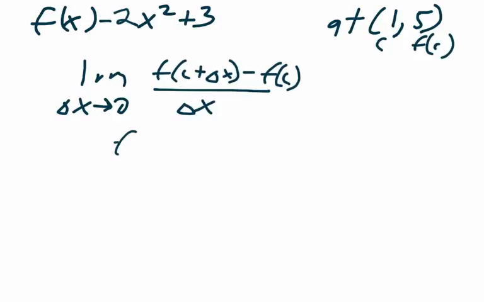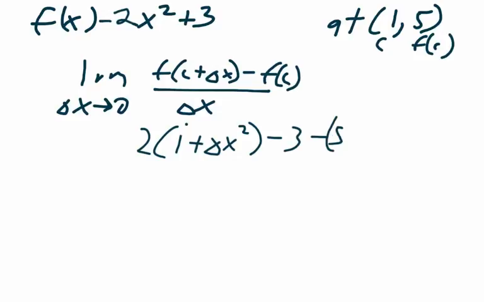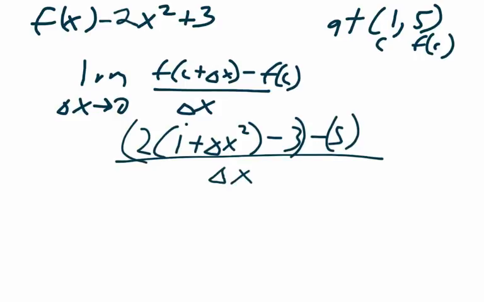So when I plug in my numbers, I start out with f of 2 times (1 plus delta x) squared plus 3, minus 5, because that's f of c, divided by delta x.